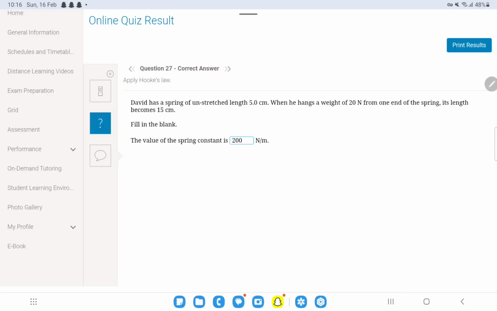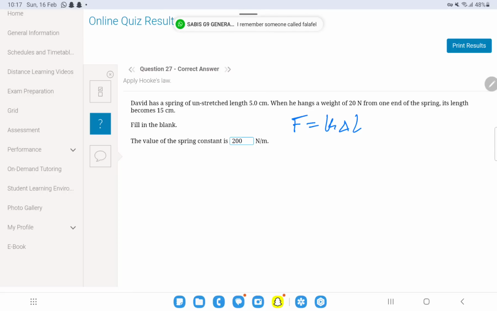Here is the direct application of Hooke's law. F equals k delta L. The spring at the beginning was 5 centimeters, and then it becomes 15 centimeters, so delta L is 15 minus 5, which is 10 centimeters.